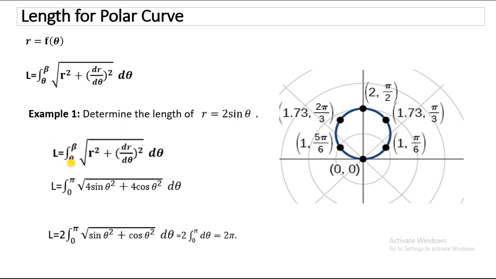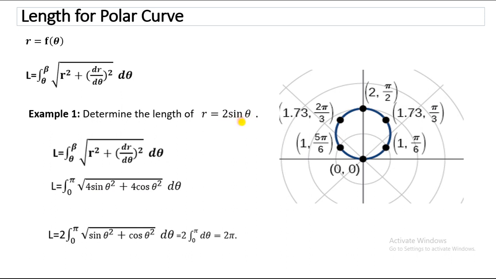The integration from alpha to beta of the square root of r square plus dr over d theta square, d theta. r square is sine square theta. The derivative of r, dr over d theta, is cosine theta.